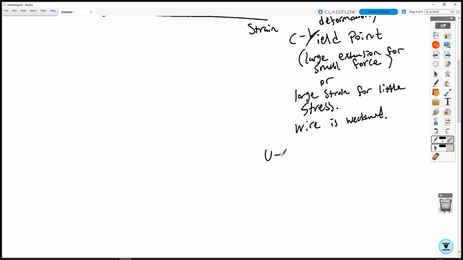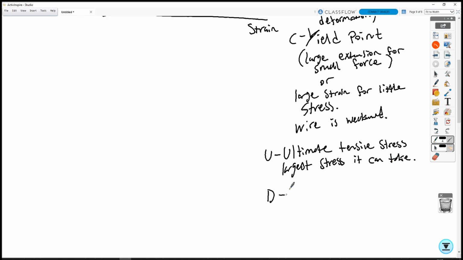Then U is called the ultimate tensile stress, which is the largest stress that the material can take. And D is called the breaking point.